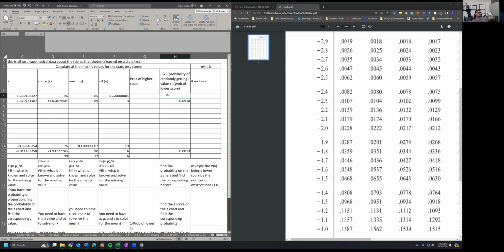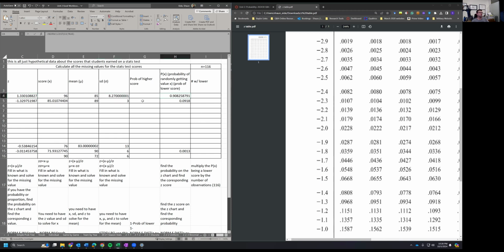You've got to use these three values. Okay, so equals norm.s.dist, and then we're going to put in the z-score. And you always put in true. So the probability of getting below this value right here is 90%.